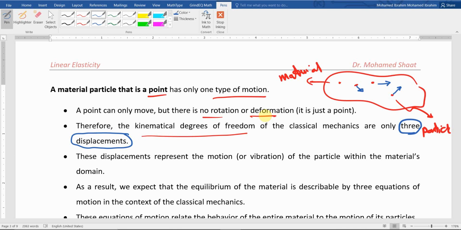So in total, the number of equations of motion that is going to describe the motion of any object, whatever it is, depends on the number of degrees of freedom that this object has. So for example, if we have an object like a point that has only 3 translational degrees of freedom, to fully describe the motion of this point, it should be described using 3 equations of motion, 1 equation for each one of the 3 degrees of freedom.